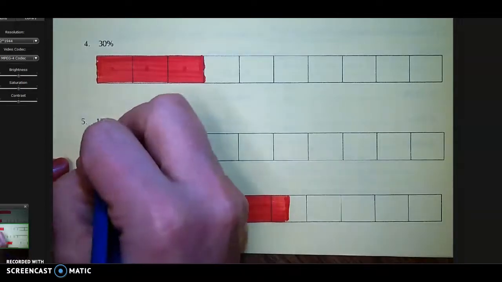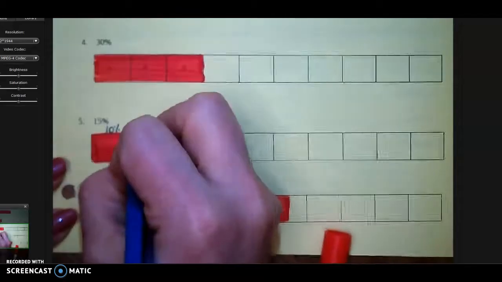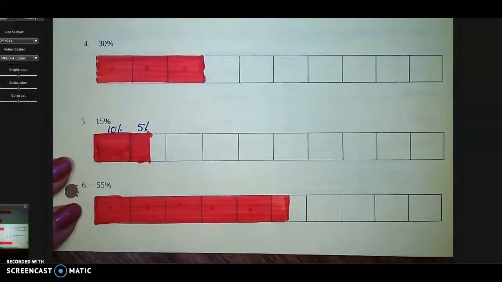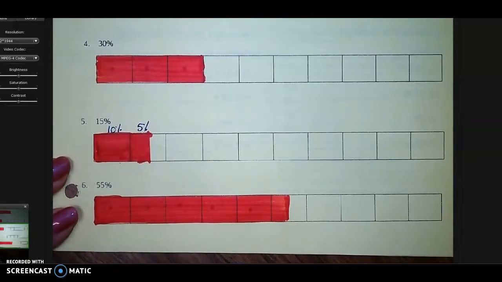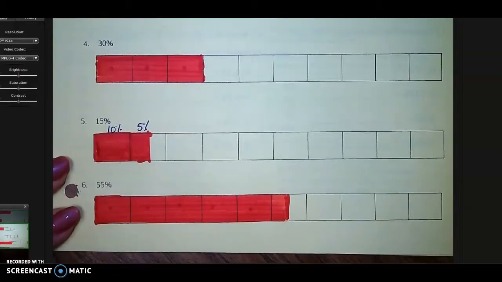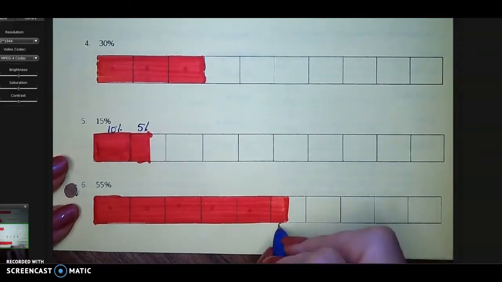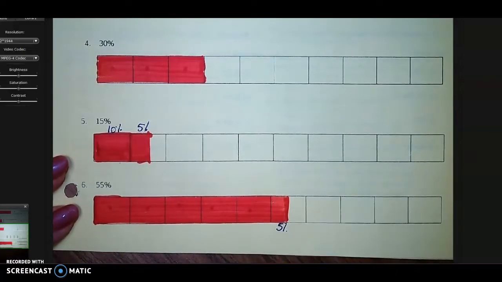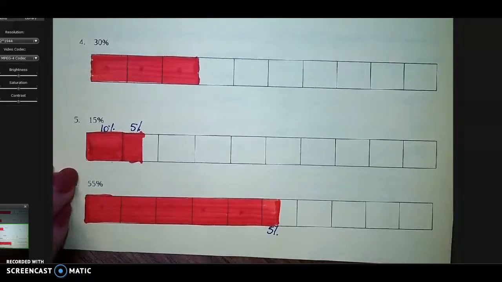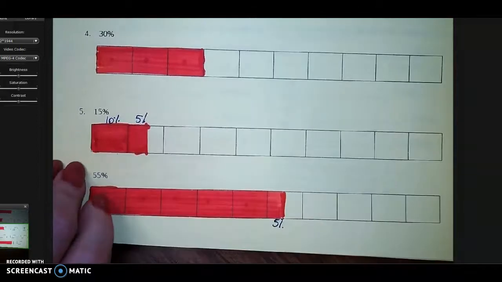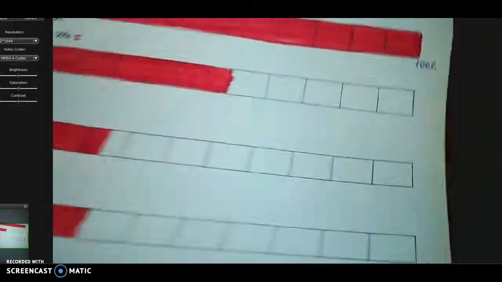So if this is 10%, this half piece that I colored, and half of 10 is 5, so 5%. And that's where we got our 15%. And I'm using the same idea down here, 10, 20, 30, 40, 50%, and then this piece is half of 10%, so 5%. So when we're thinking of numbers and we're finding percents of them, we're going to be visualizing this.